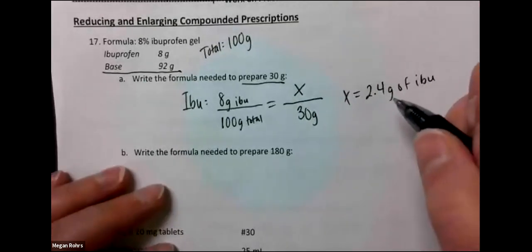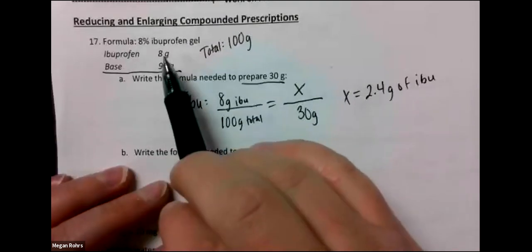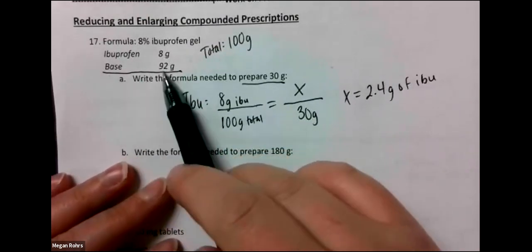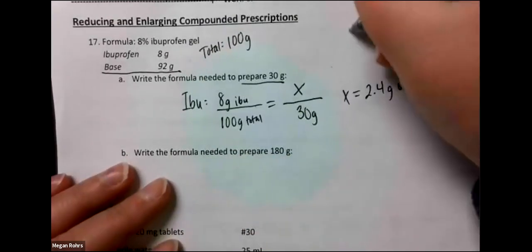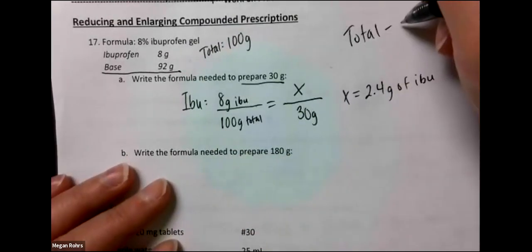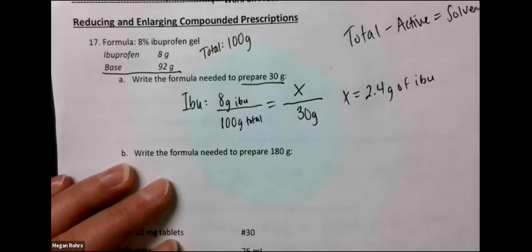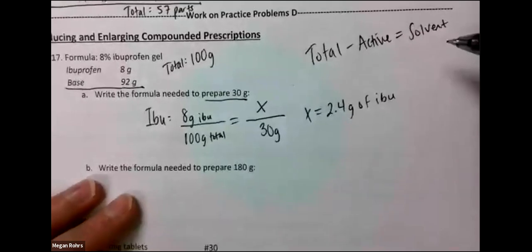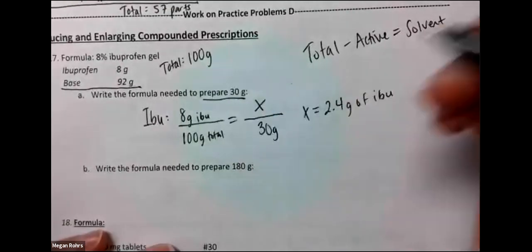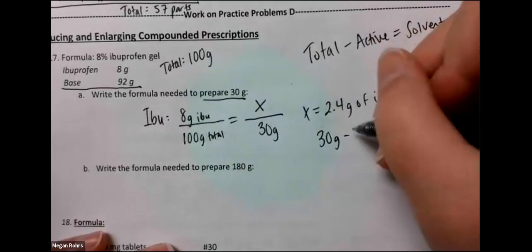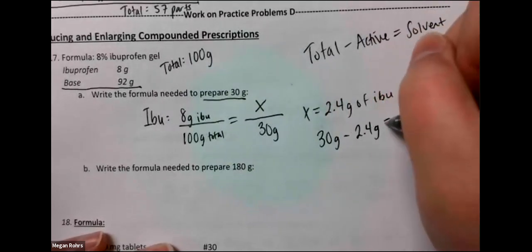So now, if I need 2.4 grams of ibuprofen, how do I determine how much base I need? Well, remember, your total minus your active will always give you your solvent. So in this case, I'm making a total of 30 grams. My active is 2.4 grams.